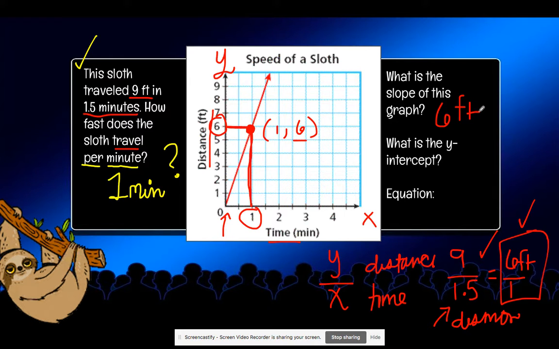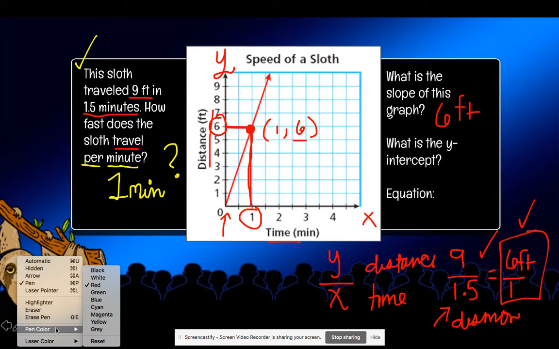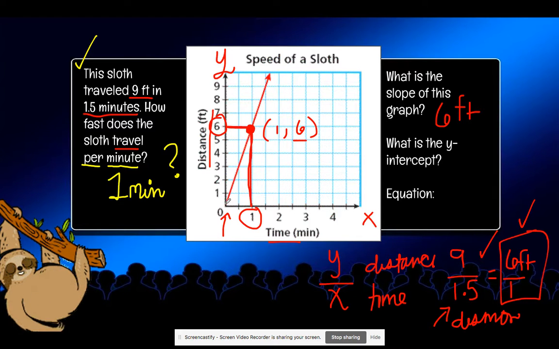Is there another way to do this? Yes, you can go back old school, and what you have learned prior to this lesson is how to find the slope of a graph between 2 points. So if I start at 0 and I make another point on the graph, I can create a triangle. And from this point to this point, actually, hey, whoa, it's 1, 2, 3, 4, 5, 6 over 2.